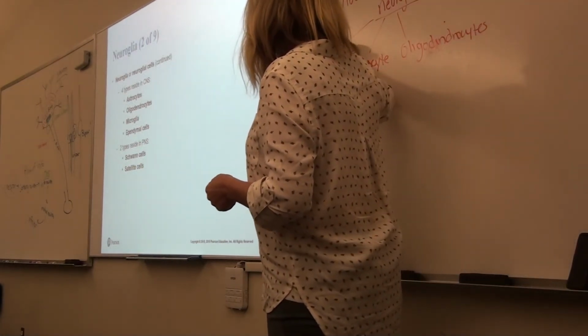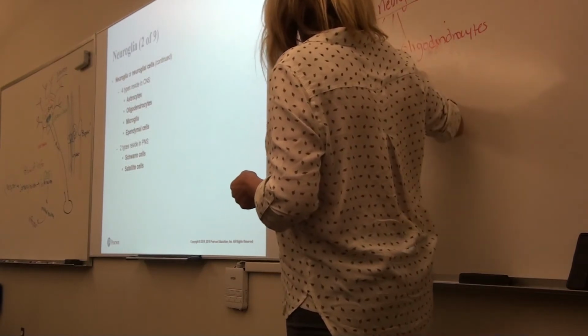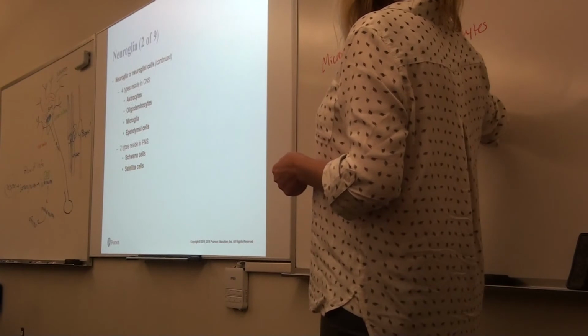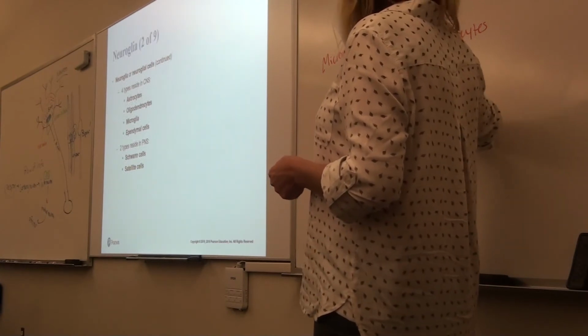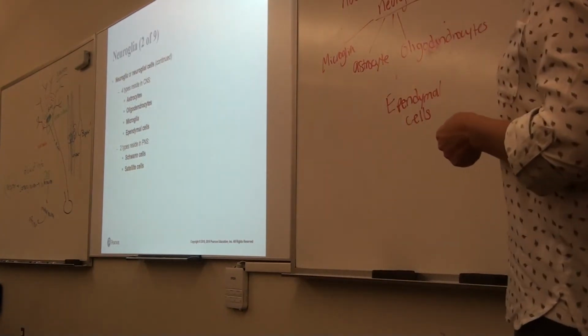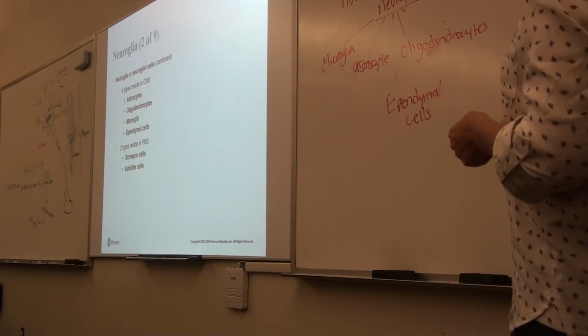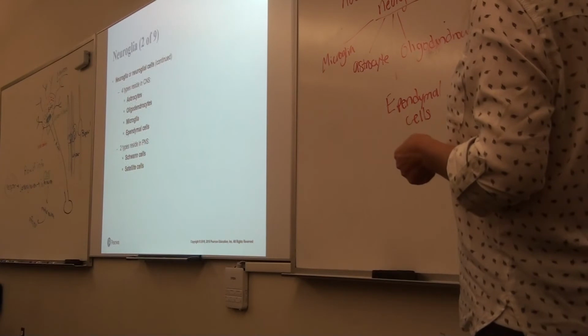Microglia. And ependymal cells. And in our periphery, we have Schwann cells and satellite cells.